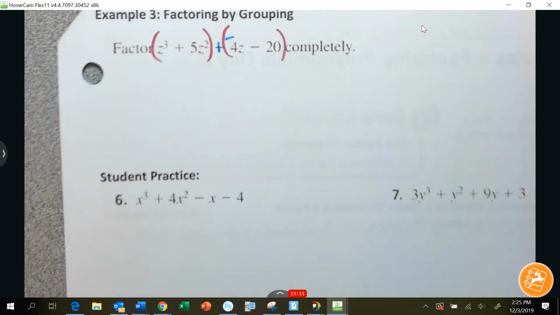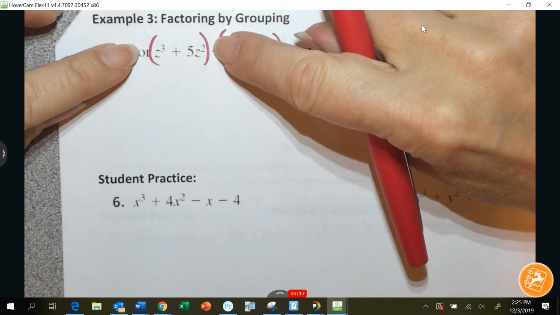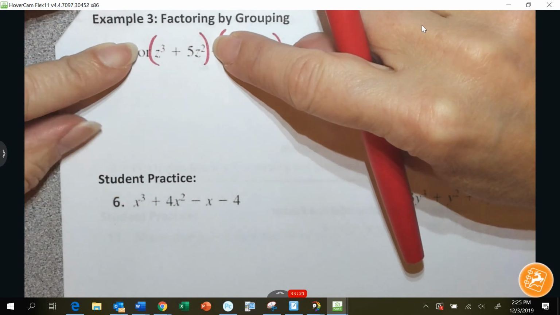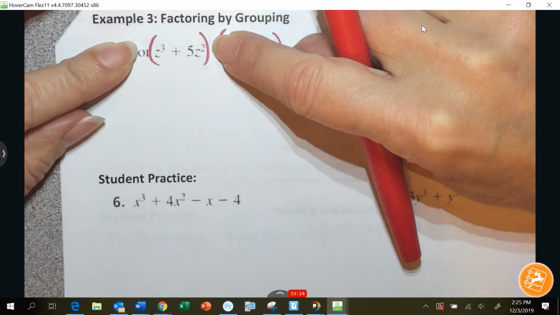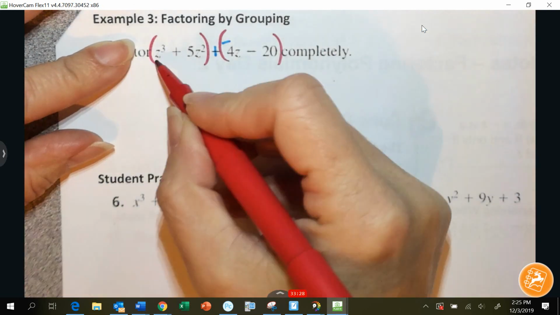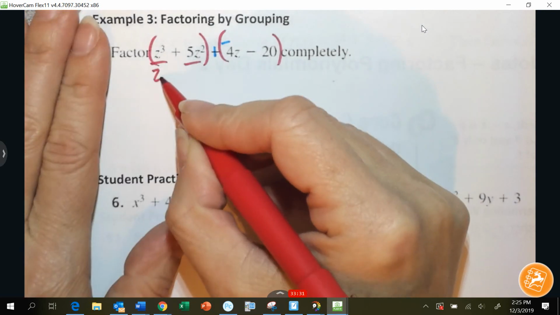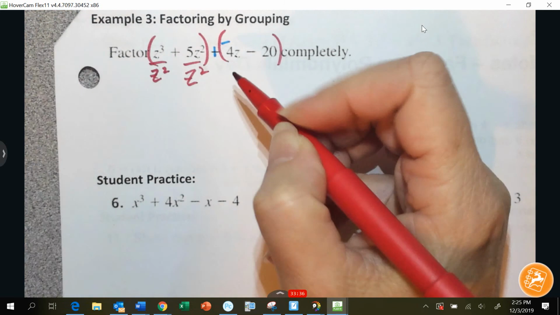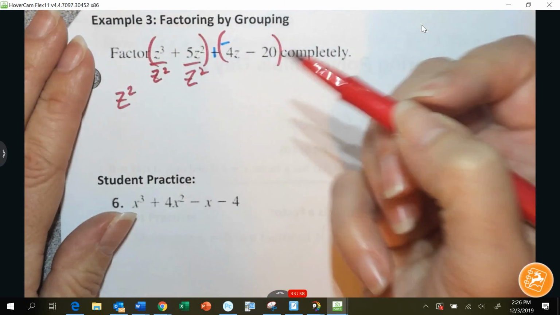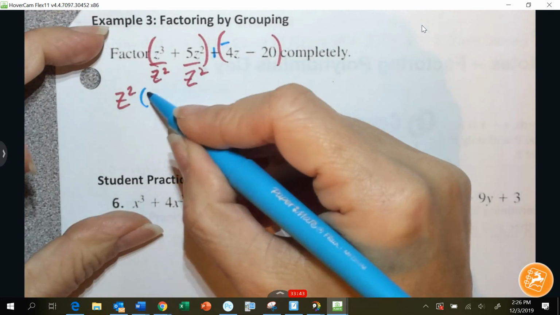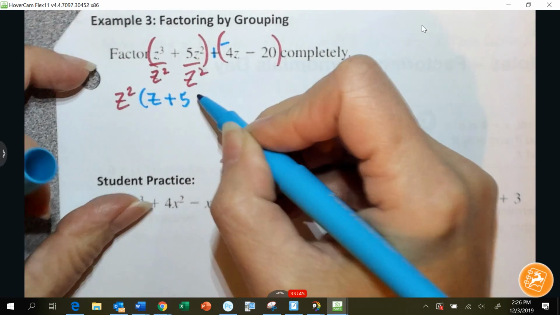So there I grouped them. Now, in the first group, we have to factor it. Just looking at that first group, what is our first step of factoring? The GCF. So z squared factors out with the GCF, leaving z plus 5.